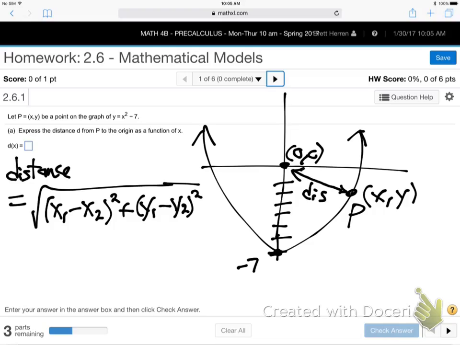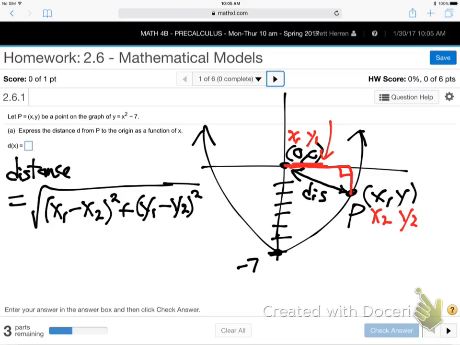Real quick, I don't have too much time to waste on this, but basically if you did a little right triangle right here, you could use the Pythagorean theorem. That distance is the hypotenuse of a right triangle. Call this point (x1, y1) and this point (x2, y2).